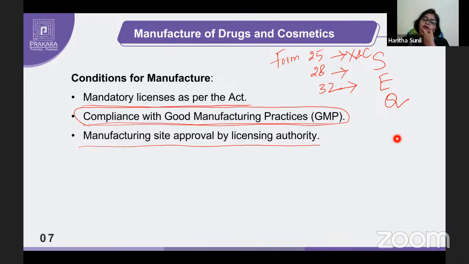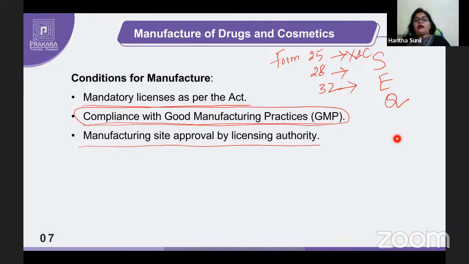It is not like they stop maintaining the standards after getting approval and completing the inspection. No, for as long as they continue the manufacture of those products, they have to perform all these inspections and maintain all these standardized conditions.